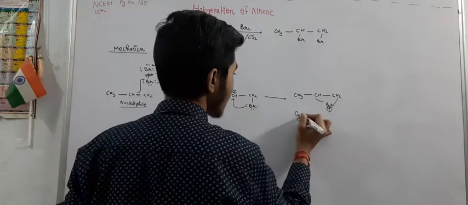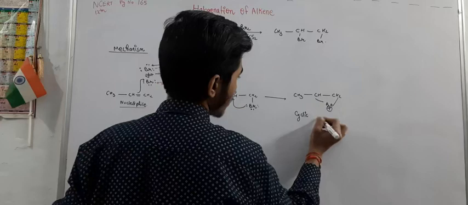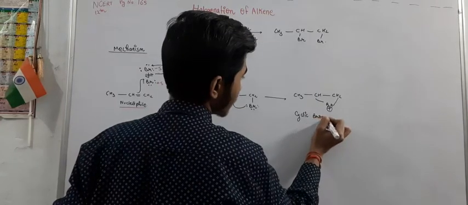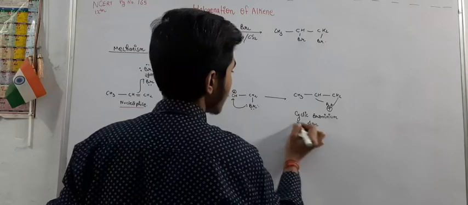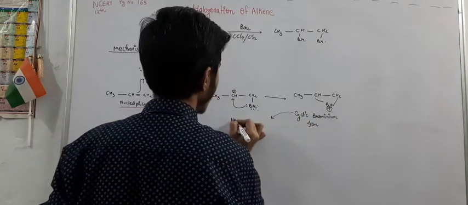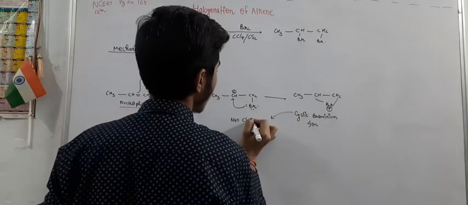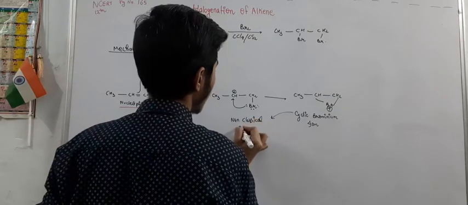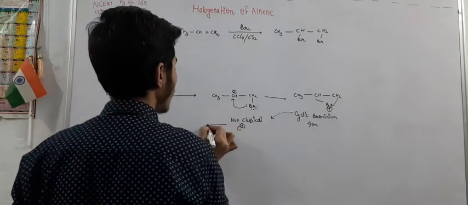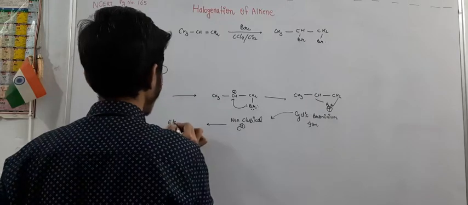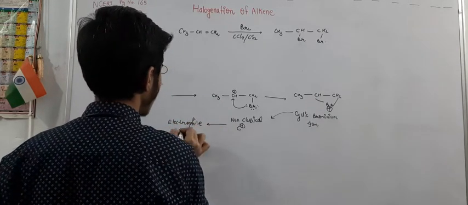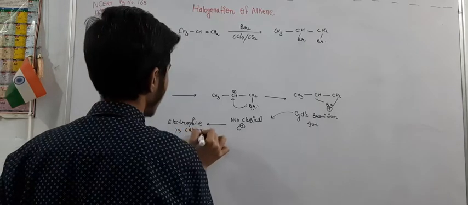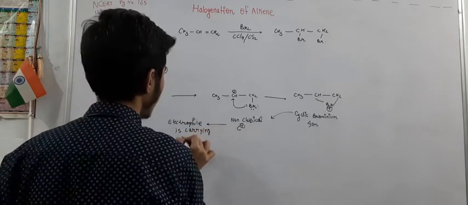It results in the formation of this CH3CH-CH2 with Br plus. This is the cyclic halonium or bromonium ion. Cyclic bromonium ion. This is also a non-classical carbocation. It is only formed when the electrophile is carrying a lone pair.